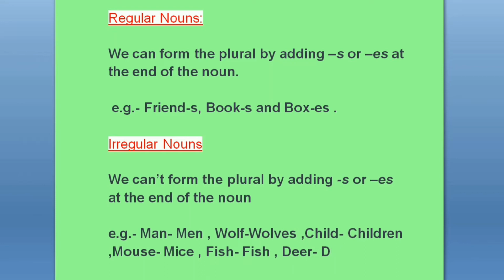It does not change because it is an irregular noun. And the last example which I'm going to give is of the word ship. Similar to deer and fish, it does not change, it remains the same. Singular and plural both are the same, that is, ship remains ship in singular and plural also. So I hope you could understand here what are the irregular plural nouns.